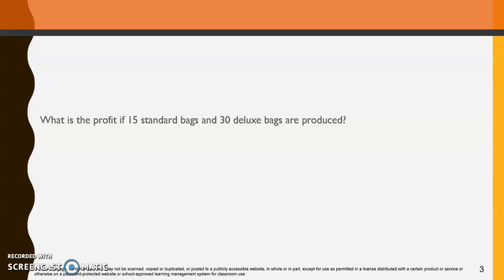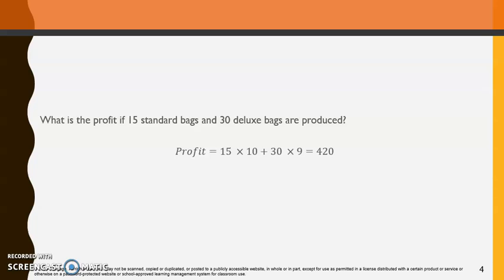As you remember, the profit of each standard bag is 10 and the profit of each deluxe bag is 9. So when you want to calculate the profit, you can do it easily by multiplying 15 and 30 with those prices.